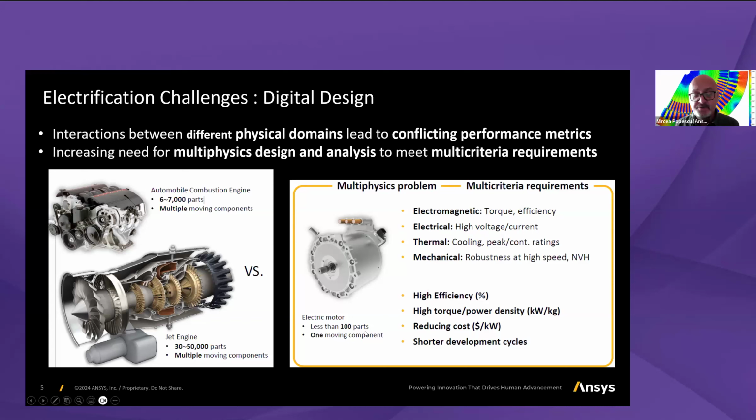The number of components is much less than the others, typically 100 parts compared to thousands in the others. But we do need to consider all the multi-physics aspects: magnetic, electrical, thermal, mechanical, noise and vibration, and look at the entire system, the battery, the inverter, the gearbox, and the vehicle itself in which the electrical machine is placed.